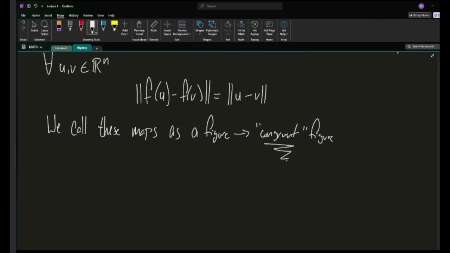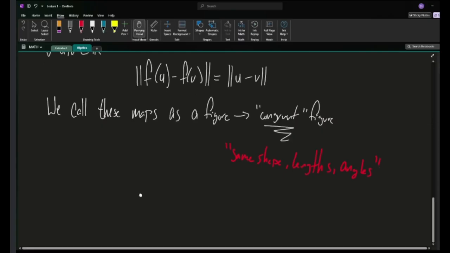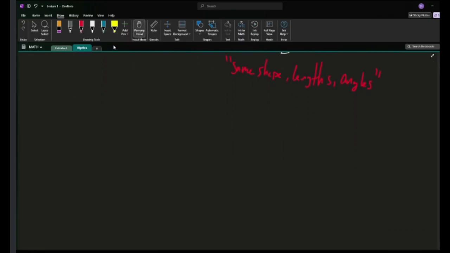What we mean by congruency is the same shape, lengths, and angles, if you remember back in high school or middle school algebra or geometry.